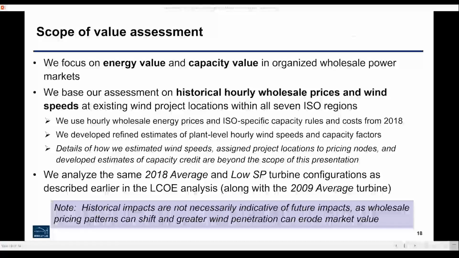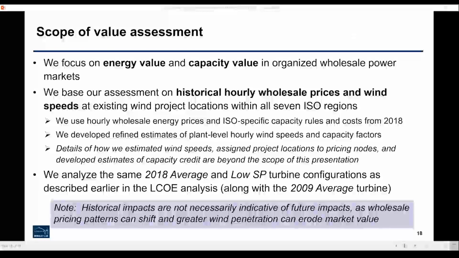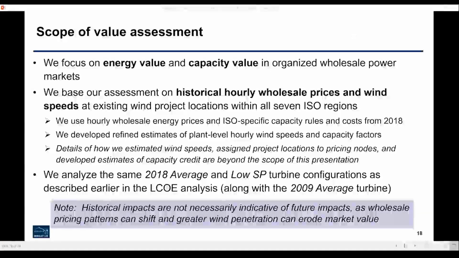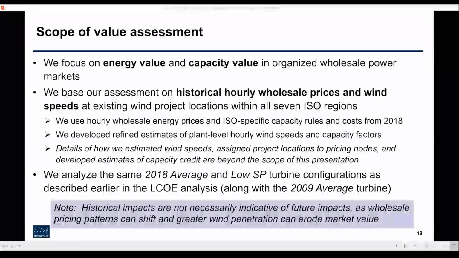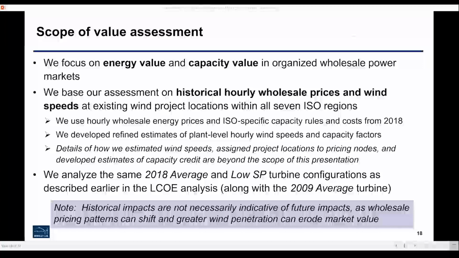And then we also developed hourly wind generation profiles and wind speed profiles at each site using a combination of model data and recorded generation. I won't go into the details of how we debiased that model data, but we spent a lot of effort doing that and have developed debiased wind speeds at each hour and different hub heights at all these sites.